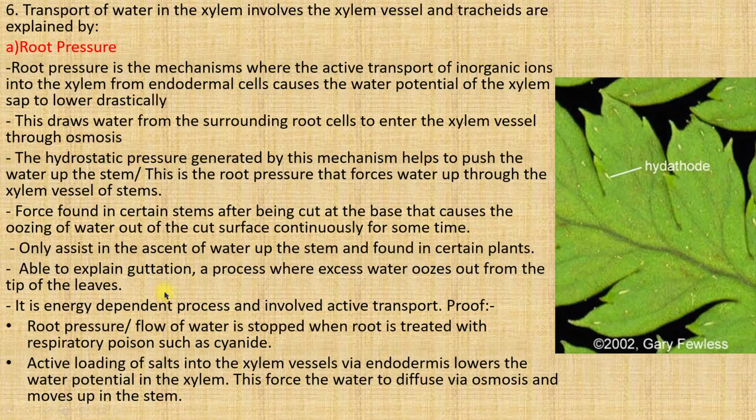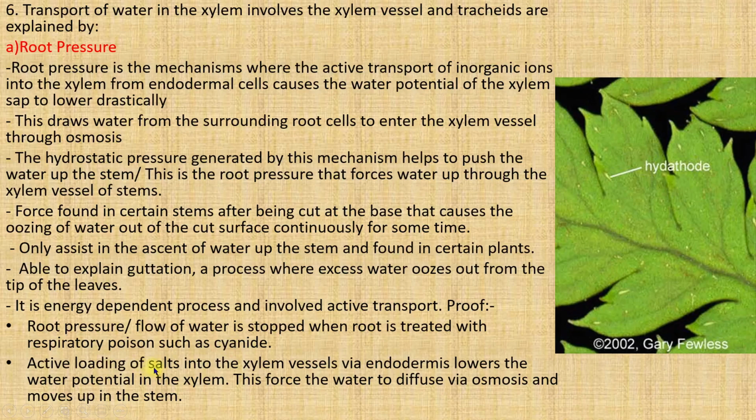Now, this root pressure is an energy dependent process, so it needs energy. Since it needs energy, it is an active transport. The proof is that the root pressure, or flow of water, is stopped when the root is treated with a respiratory poison such as cyanide.